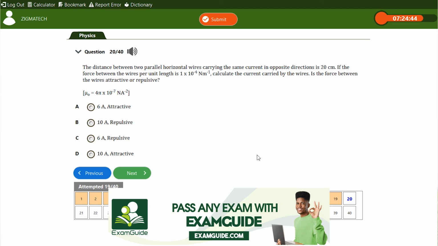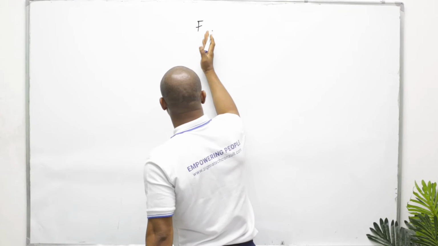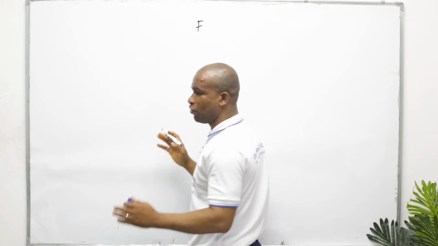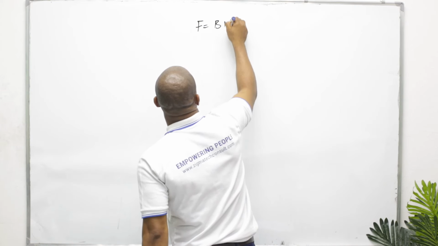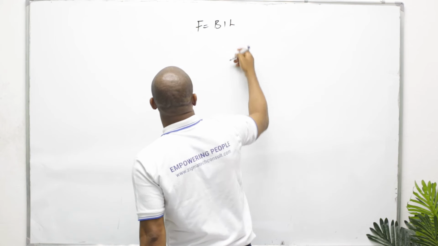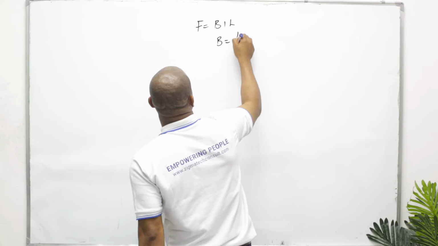But before that, we know that the force, electrical force, for a wire carrying conductor is given as BIL, sometimes sin theta, depending, whereby B is the field.